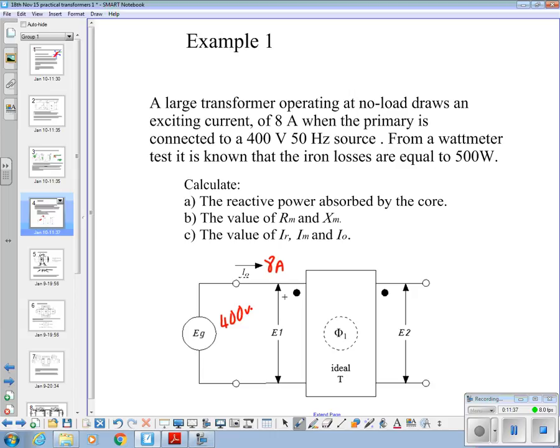A wattmeter test. It is known that the iron losses are equal to 500 watts. So PM is 500 watts. Calculate the reactive power absorbed by the core, the value of RM and XM, and the value of IR, IM, and IO.